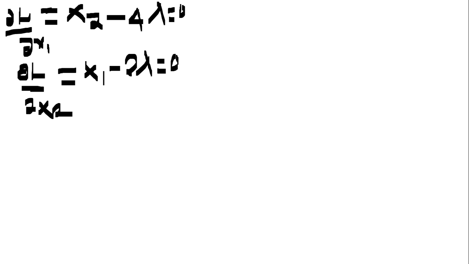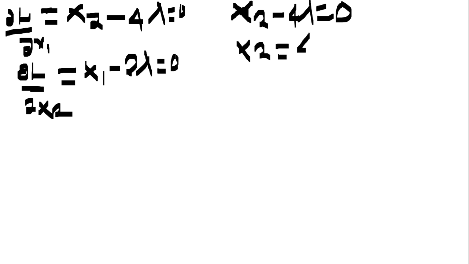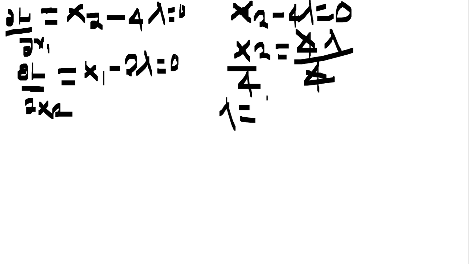Let's start with the first equation. We have x2 minus 4 lambda equals 0. We can get the negative 4 lambda to the other side, so that x2 is equal to positive 4 lambda. Then we divide both sides by 4, so that we cancel the 4 and the 4, meaning our first lambda is x2 over 4.